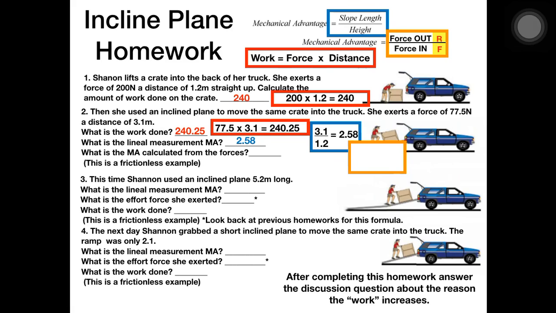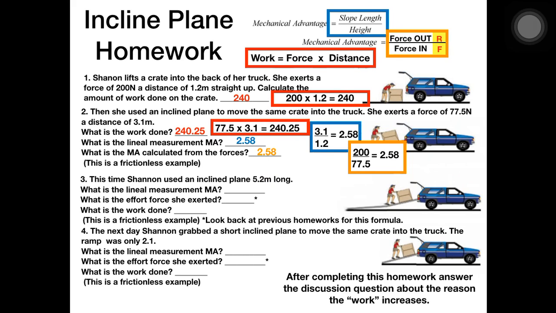We also know that force in, the force she put in this time, was 77.5. So the box originally weighed 200 newtons. That's what she had to lift straight up into the car first time. The second time, when she got the inclined plane to move the same crate, she only exerted 77.5. That's the force she put in. So 200 divided by 77.5 equals 2.58. So our mechanical advantages for both of those show up to be the same.